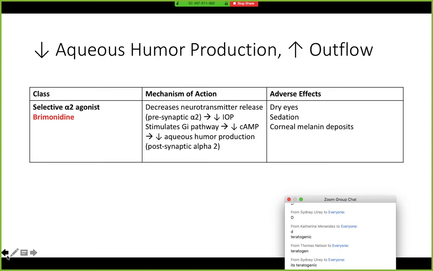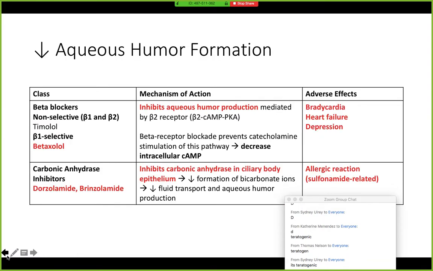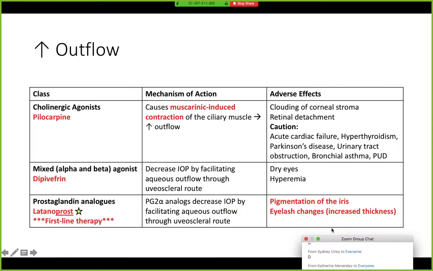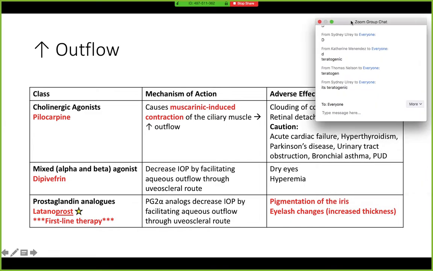So I would focus on the mechanism of action, and then maybe these two with unique adverse effects, allergic reaction, and then the increased thickness of the eyelashes.